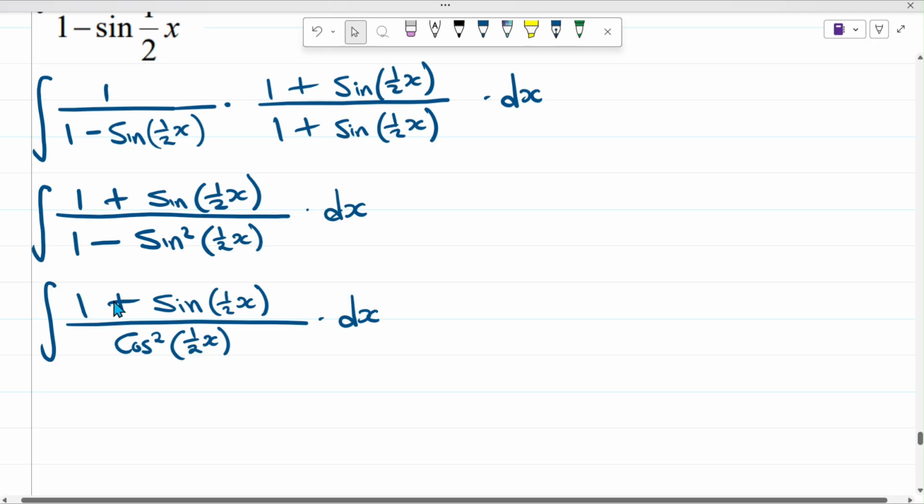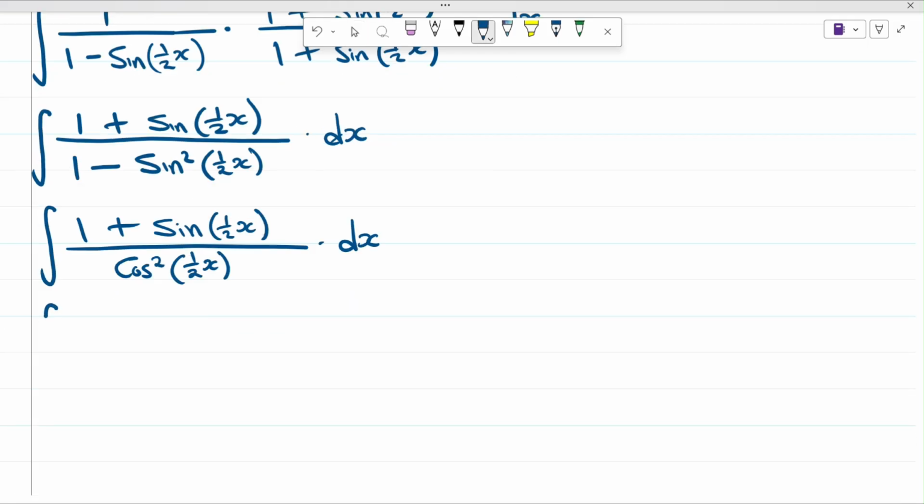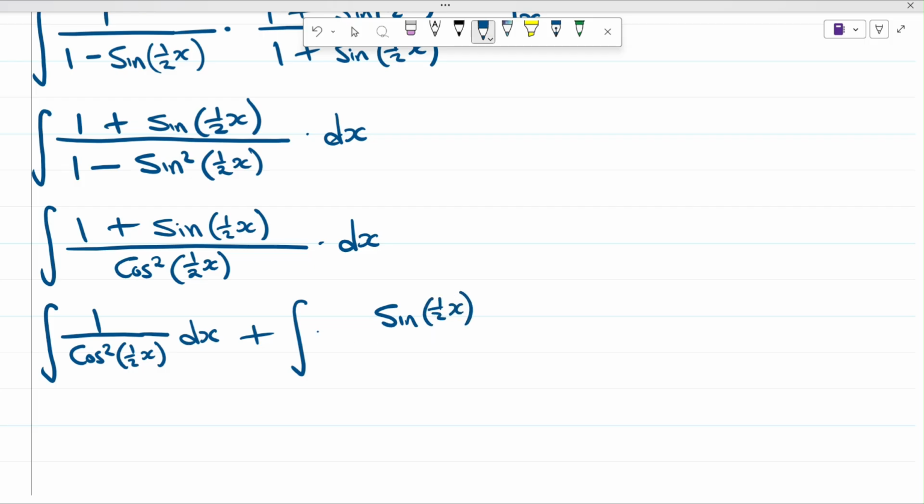And then from there, we're going to split. We're going to make each and every numerator term have its own denominator. So we're going to have the integral of 1 over cos squared of 1 over 2x dx plus the integral of sine of 1 over 2x divided by cos squared.